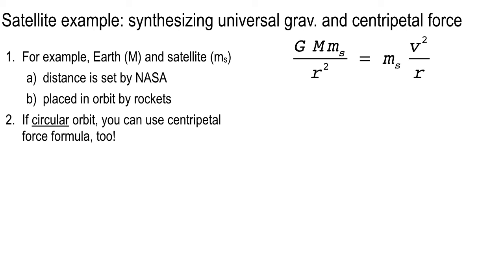But I've been thinking about what G is, because it turns out that G is also important for defining the distance scales, the size of a black hole. In other words, so many kilograms of mass sets the event horizon, the point of no return around a black hole.